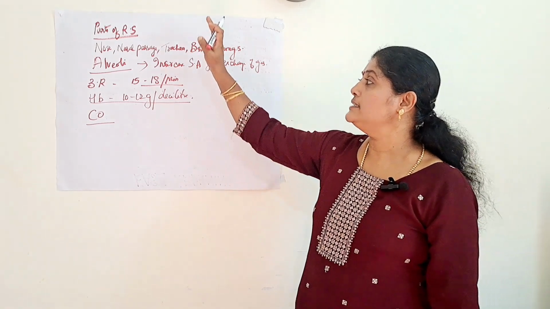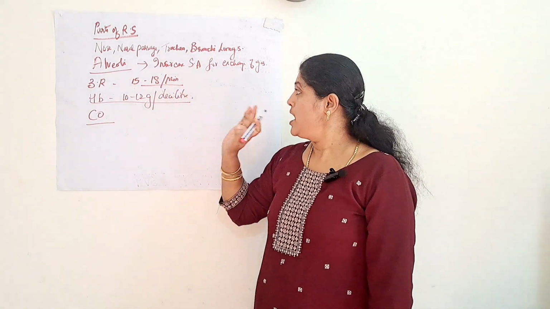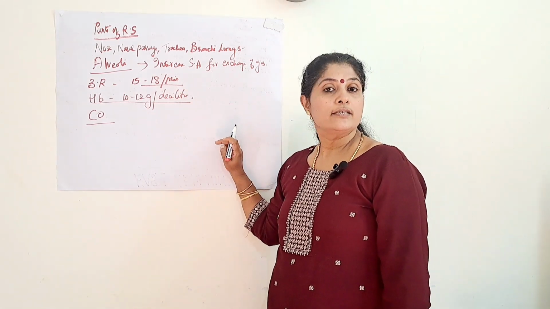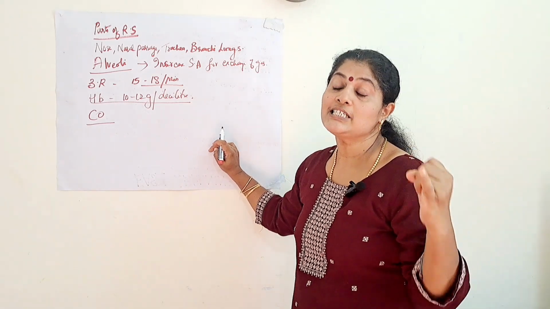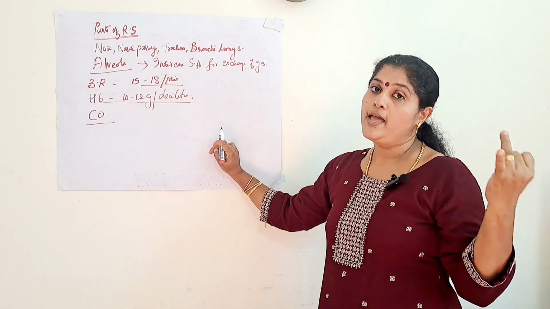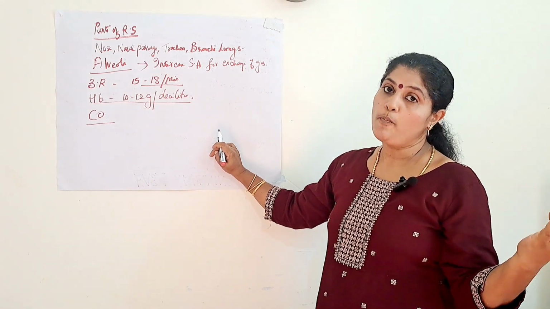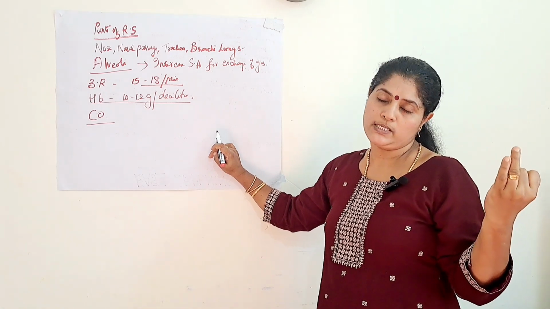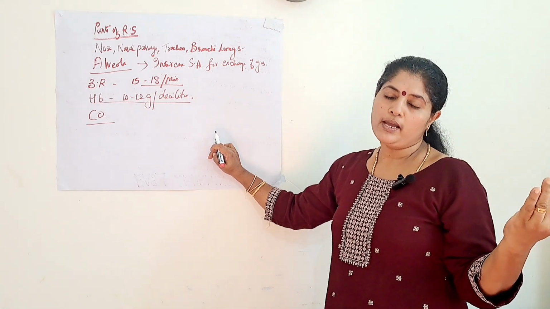Once again, I'll go through the main parts we have discussed in this video regarding the respiratory system. We told why respiration is the opposite of photosynthesis. Then the types of respiration, aerobic and anaerobic. The chemical equation is very important and a frequently asked question, along with the products of both aerobic and anaerobic respiration.